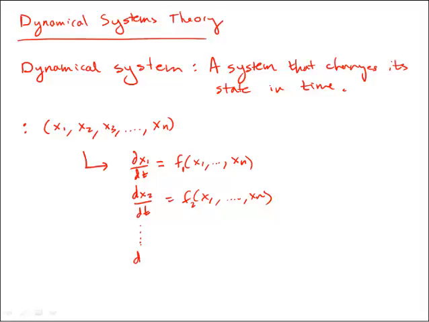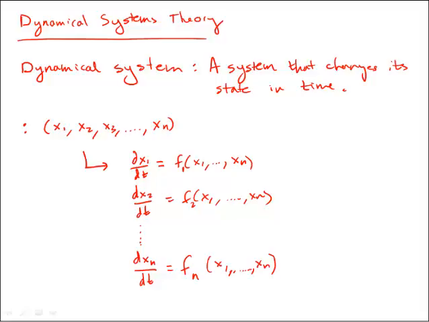And you go all the way down the list, and you have a time derivative of xn, and that is fn of all the other variables. So that's all a dynamical system is.